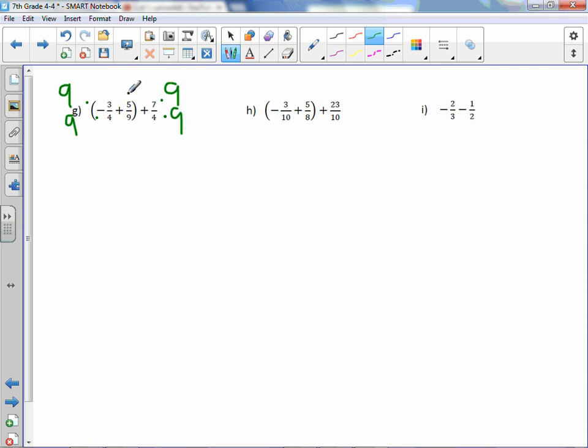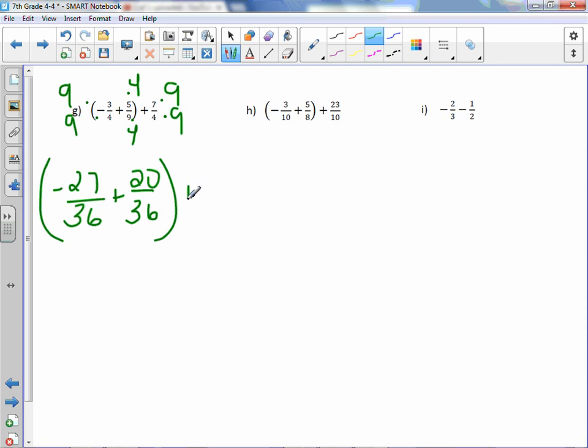And the denominator of 9, I would multiply by 4. We would get negative 27 over 36 plus, in parentheses, 20 over 36 plus 63 over 36.